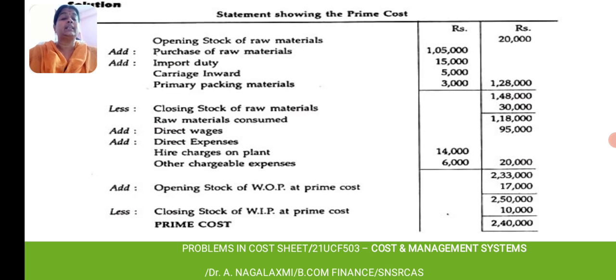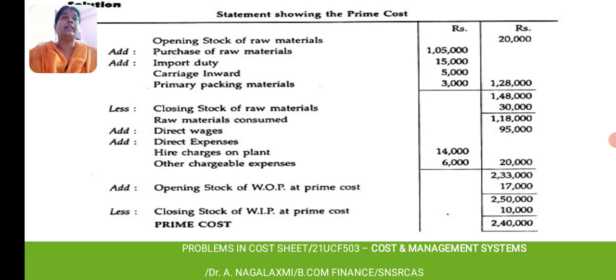That is hire charges on plant 14,000, other chargeable expenses 6,000. I have to add these two in the inner column. That amount is to be shown in the outer column, and we have to add along with the raw materials consumed, direct wages, and this 20,000 in order to get the value 2,33,000.